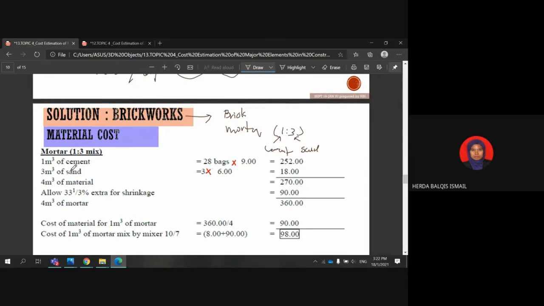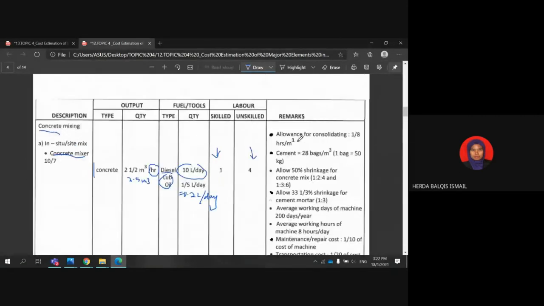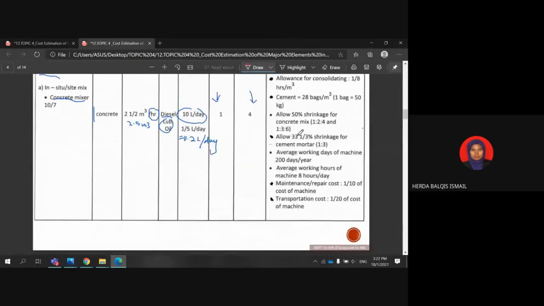Referring to this table of constants, you can see that for cement mortar, the shrinkage allowed is 33 1/3%. So you need to consider this as well.